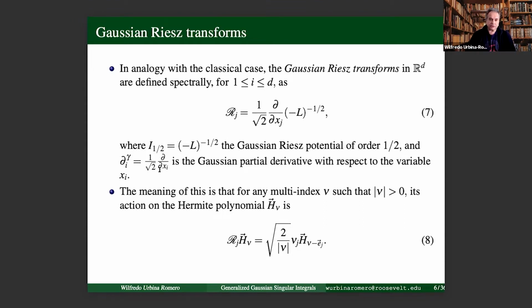The one that we just considered, this guy. So that's, I mean, morally speaking, similar to what we do in the classical case. Of course, in the classical case, you can check that using the Fourier transform. Here, the analog is looking at the action over the Hermite polynomials, and this is the action over the Hermite polynomials.